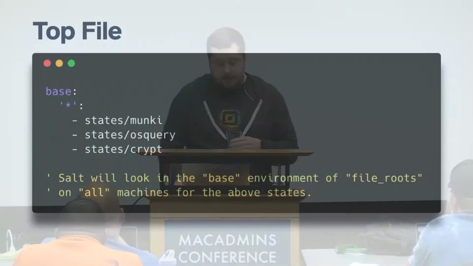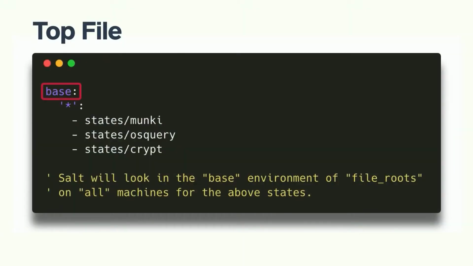In this top file, it's going to use the base environment, which is here at the top. You can specify multiple environments, however many you want. You could do base, dev, production, whatever you want.